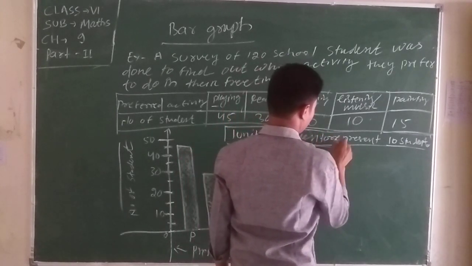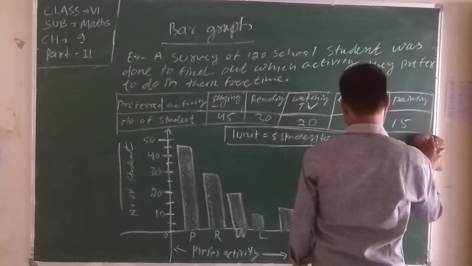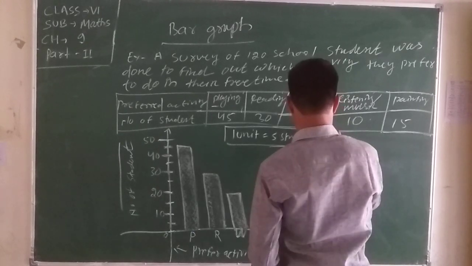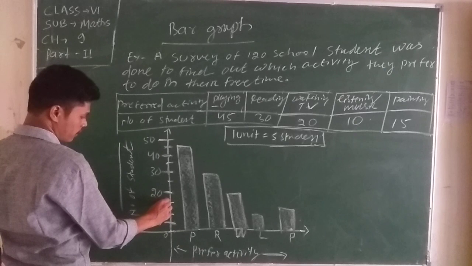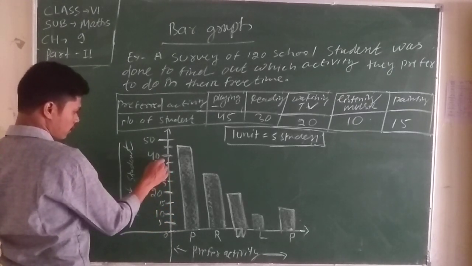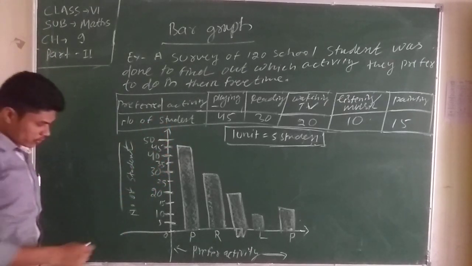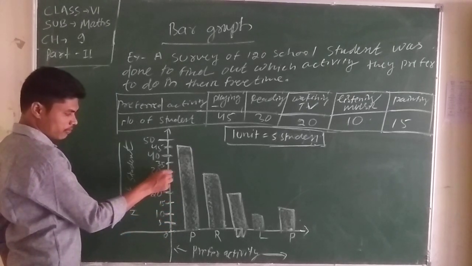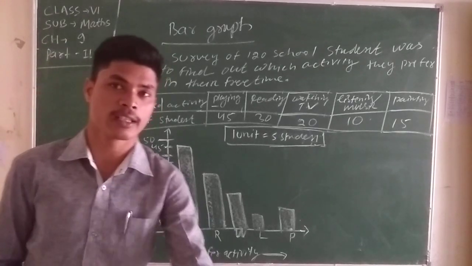You can erase 10 students; writing 5 students is also correct. Now if you take here 5, 10, 15, 20, 25, 30, 35, 40 and 45. Clear about it? How is it represented using the data?